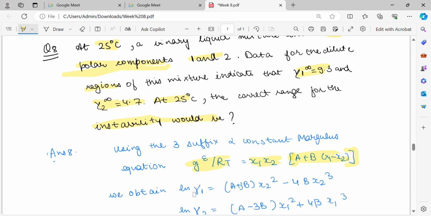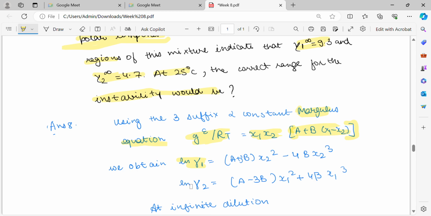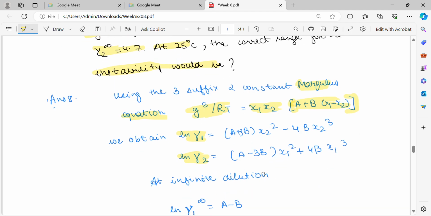We obtain ln gamma 1 equals a plus 3b x2 square, and ln gamma 2 as a minus 3b x1 square, and this is 4b x1 cube.